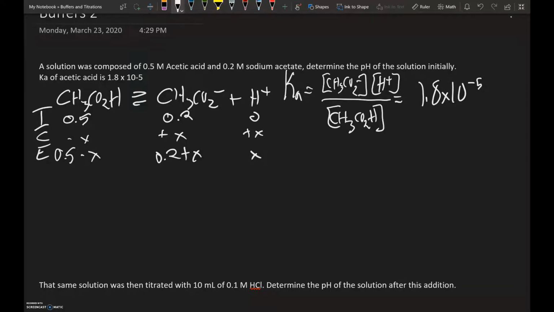So acetate is 0.2 molar. We're not going to worry about minus X and plus X at the moment. We'll use the 5% rule, and we will determine X using the simplified way here. So go ahead and solve for X using the calculators.